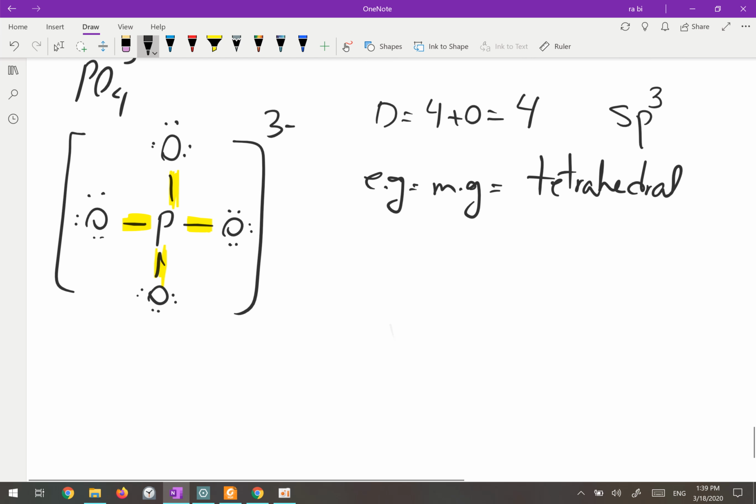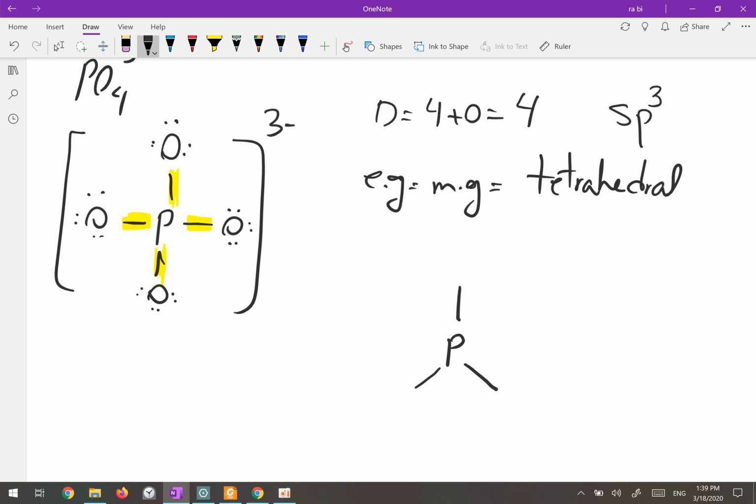Okay, and how do we draw that one? You probably know right now. You have the central atom, one domain at the top, one domain on this side, one domain coming out of the board or screen, one domain going inside the screen.